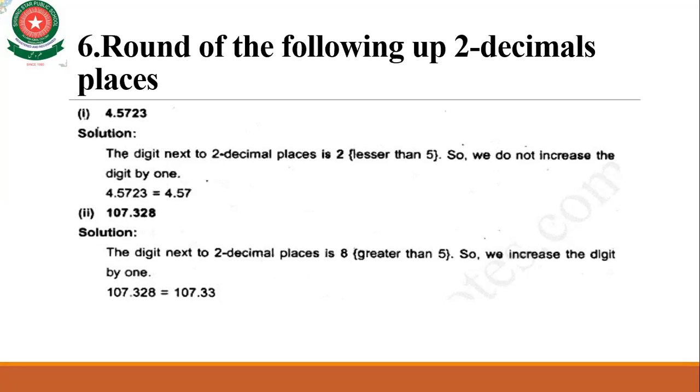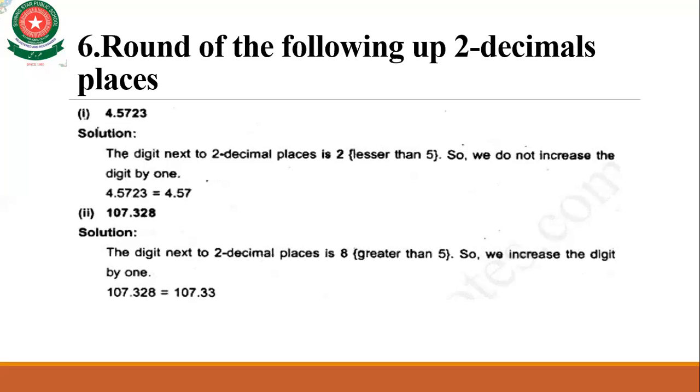This question is the same as the question number 4. In question number 4, we had to round off the following equation up to 3 decimal places, whereas in question number 6, we have to round off the equation up to 2 decimal places. So the part number 2 is 107.328. Here again, the digit next to 2 decimal places is 8, which is greater than 5.